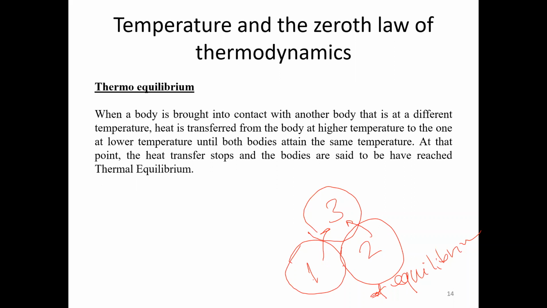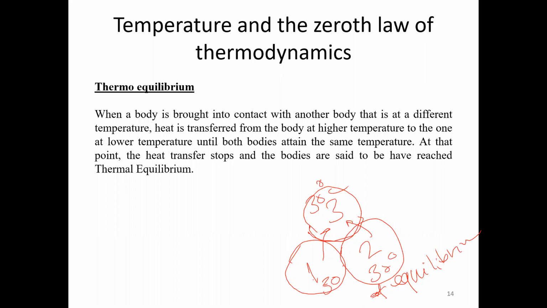If this one is at, let's say, 30 degrees, and this one also at 30 degrees, then this one, because it's attached to them, should also be at 30 degrees. That's common sense, right? Because there is heat transfer between these three objects, and after a certain time they will come to an equilibrium state.